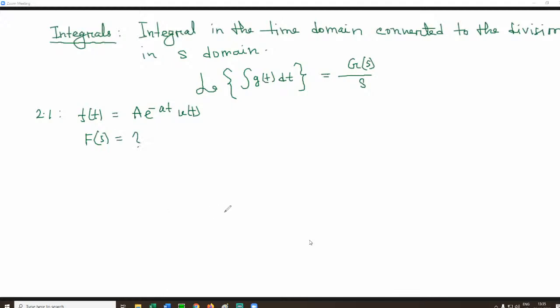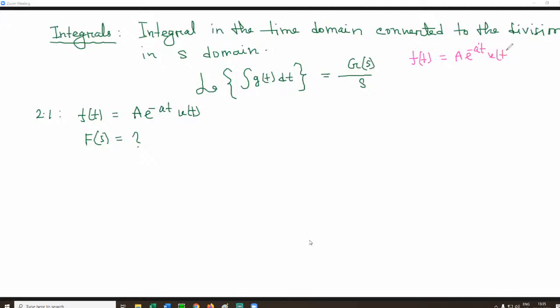Alright, can you solve it? Yes, sir. Okay, please solve it, and let me help you a little bit. We have f(t) here. What is the value of f(t)? f(t) equals A e to the power minus at u(t).